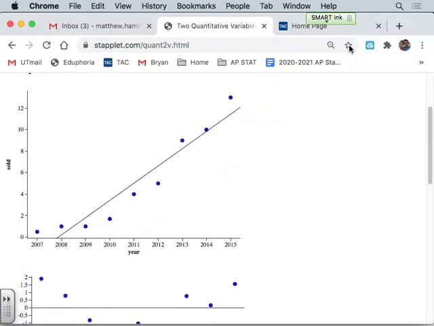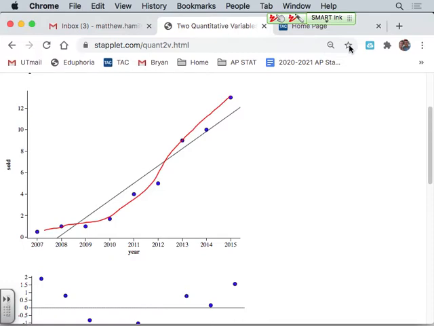If I scroll up here, I had some that are above, some that are below, and some that are above. I think that just means a straight line was not the best line to use here. In reality, I think this data is not linear.